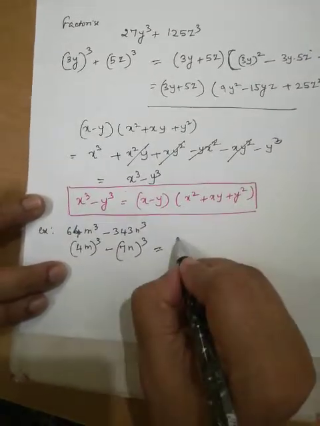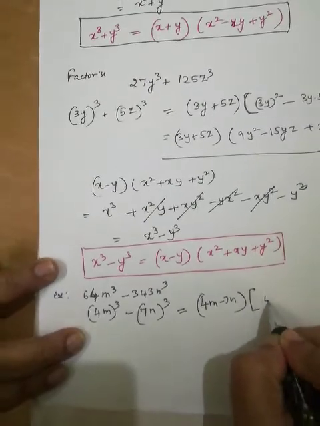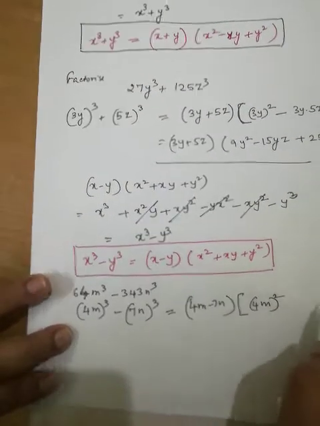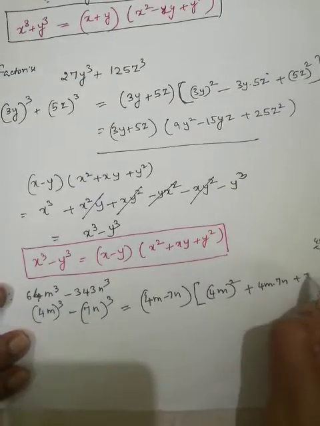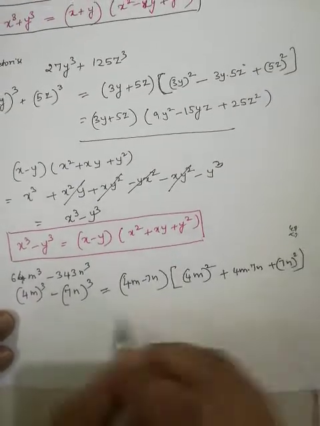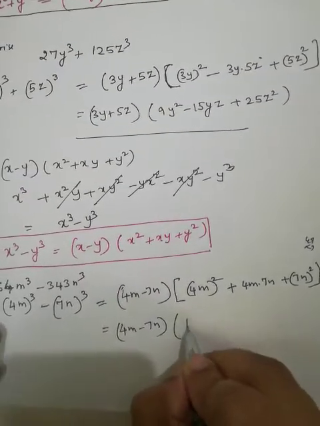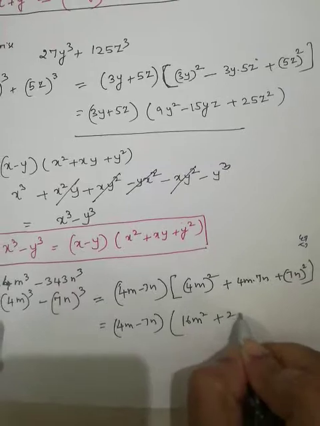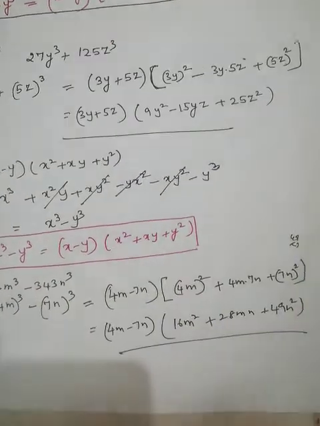So this can be written as 4m minus 7n bracket 4m the whole square plus 4m into 7n plus 7n the whole square. So we'll simplify it and we get the factorization as this. Okay, so this is the factorization.